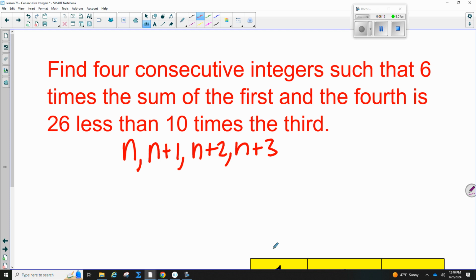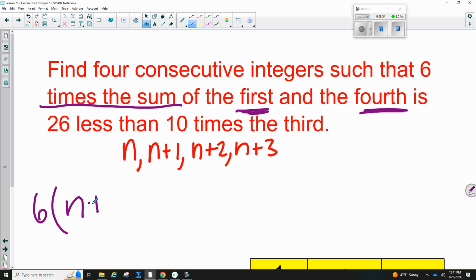Find 4 consecutive integers such that 6 times the sum. So if I'm doing 6 times the sum, what do I need? Parentheses. Yep. Anytime you're doing 6 times a sum, you need parentheses because it's the sum of the first and the fourth. Which one's the first? Which one's the fourth? Okay.